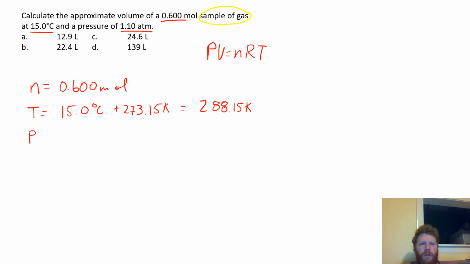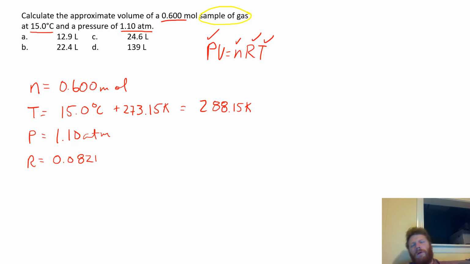The pressure is 1.10 atm, which whenever we're measuring pressure for the ideal gas equation, we want in units of atmospheres. So we have our pressure, we have our number of moles, we have our temperature, we also actually have our R value, which is 0.0821. Okay, so we have all of these.